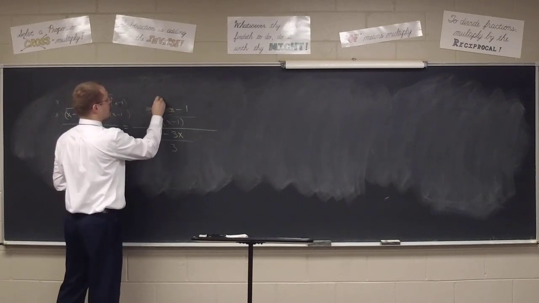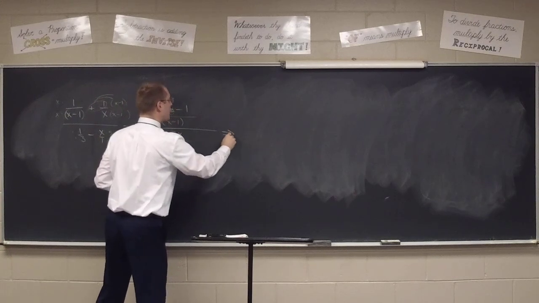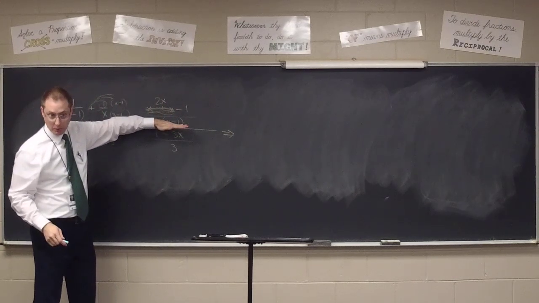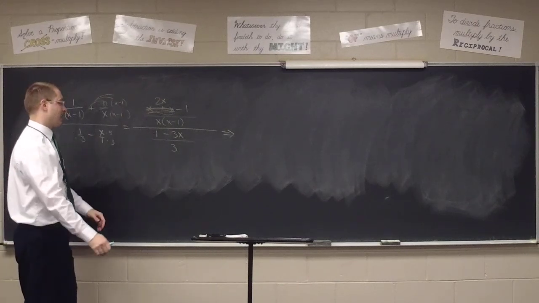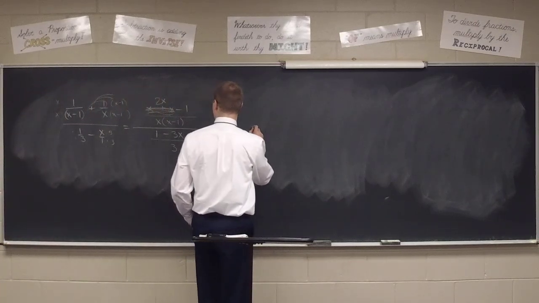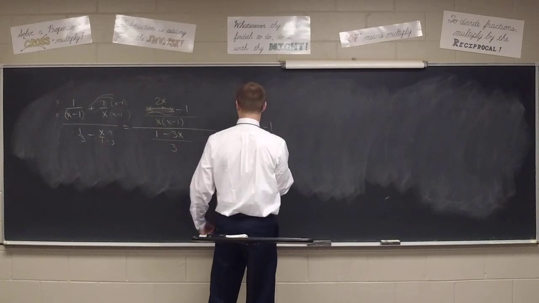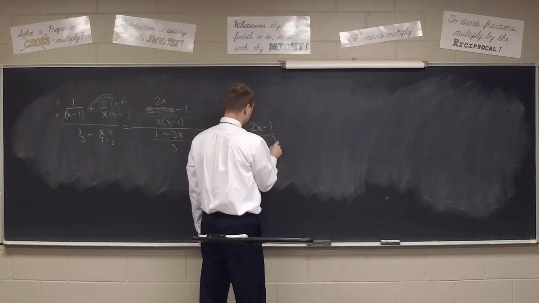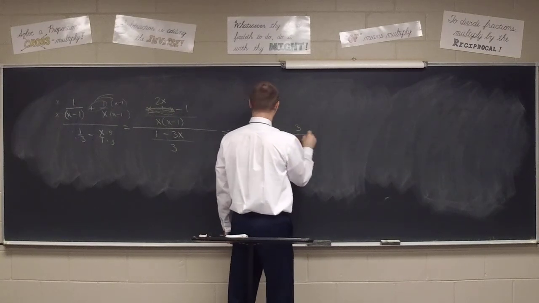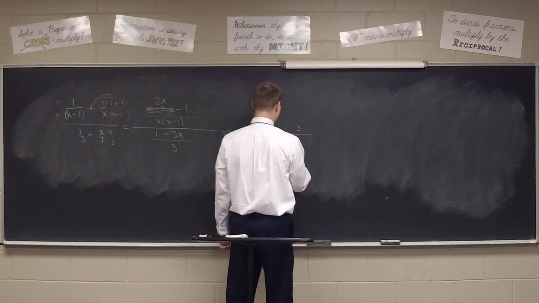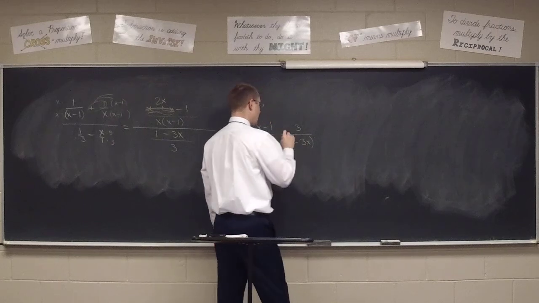Yeah, let's replace that with a nice easy 2x. And now we're ready to change my division problem into multiplying by the reciprocal, to get 2x over x times x minus 1, times 3 over 1 minus 3x.